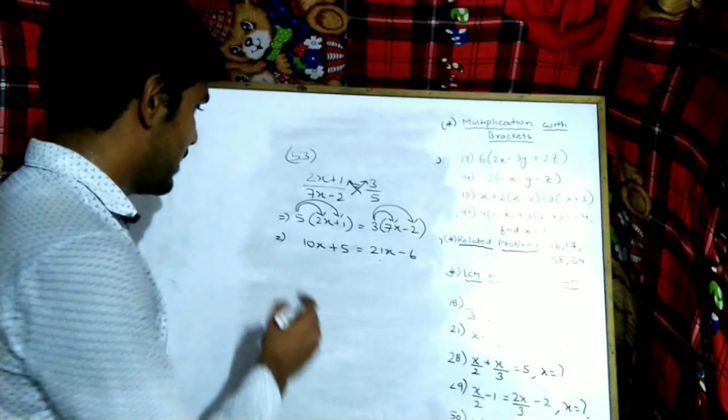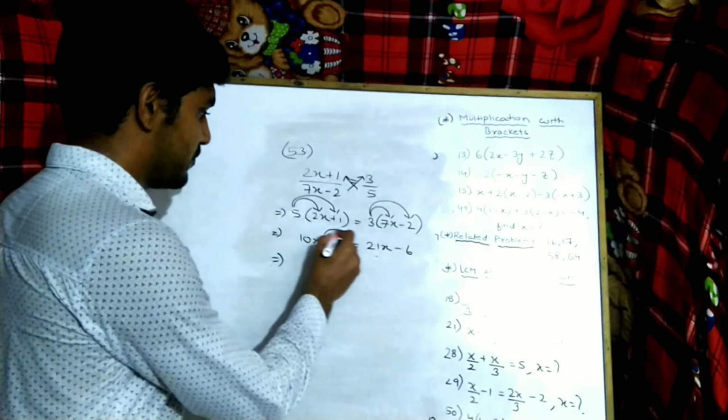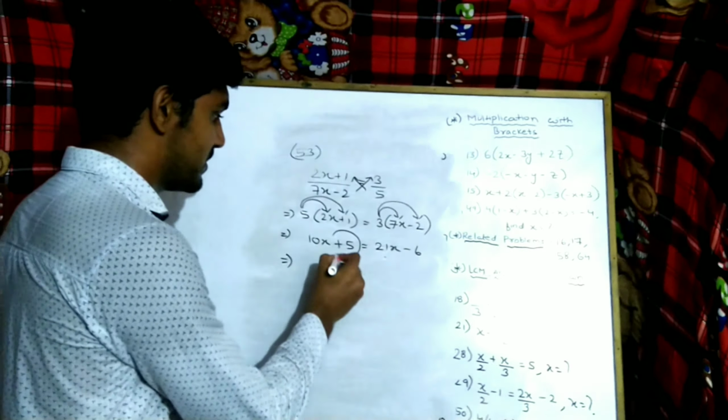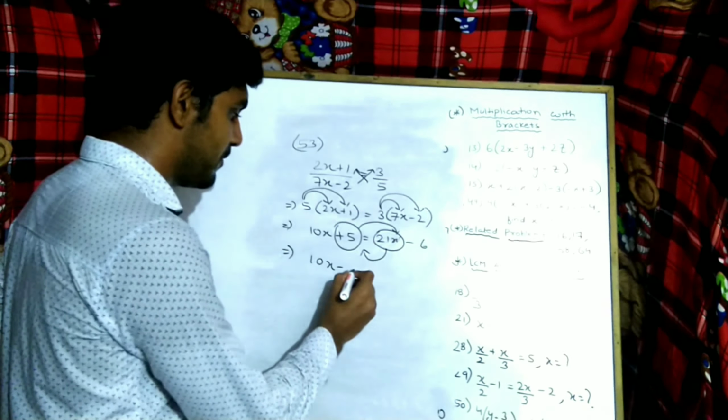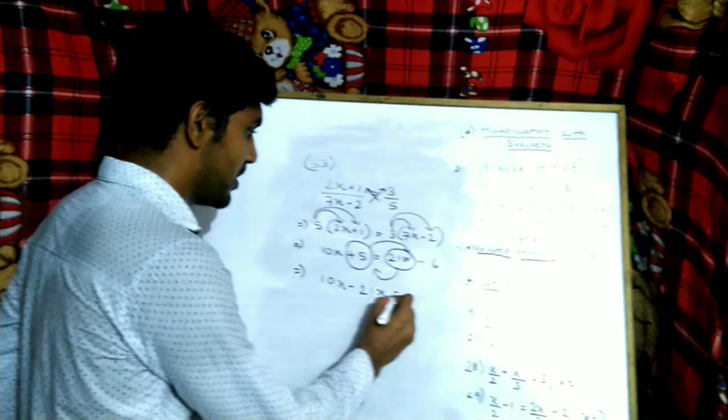Clear? Now variables on one side. This plus 5 goes to that side, and this minus 6 will come to that side. 21x will come to that side. Now 10x minus 21x is equal to minus 6, and the plus goes to that side and becomes minus 5.